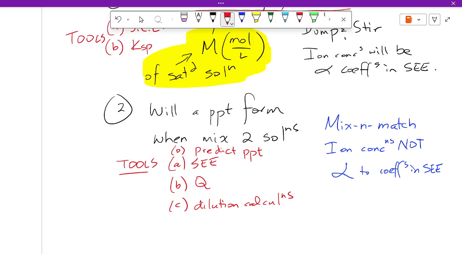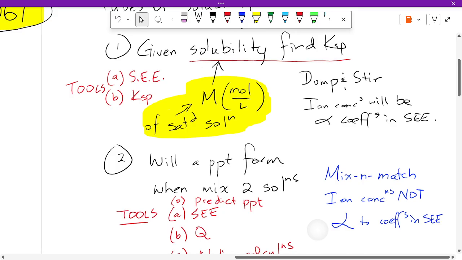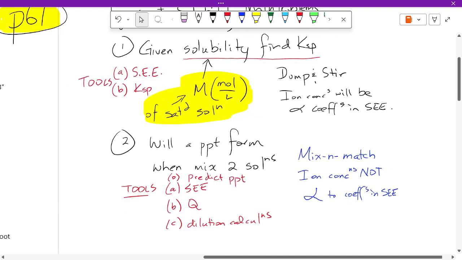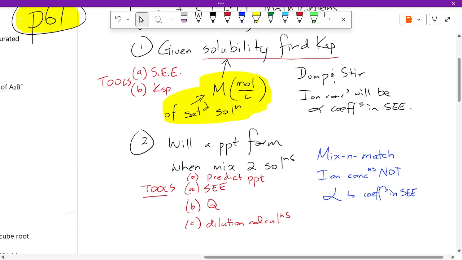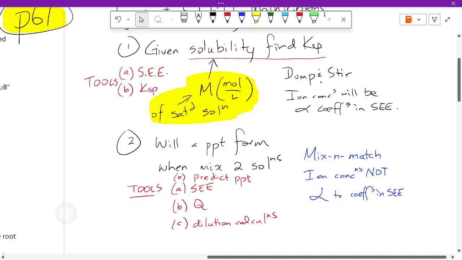And today, we are going to go backwards from type 1. Instead of being given the solubility and finding the KSP, we are going to, given the KSP, find the solubility. We good?